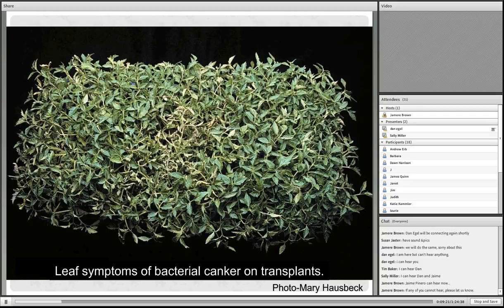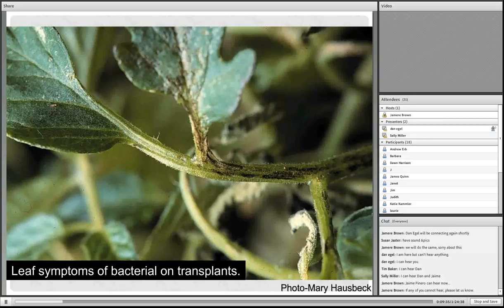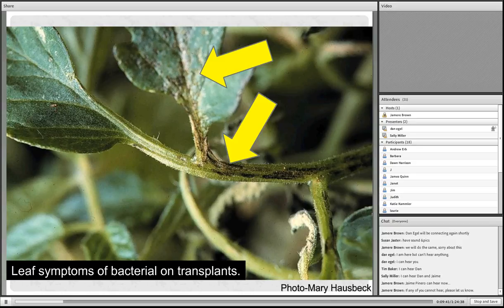It looks like it's ready to go out of the greenhouse and into the field, but a careful inspection will reveal something's wrong here. These symptoms would be very easy to miss coming in on transplants. But if you look closely, you can see the etching or lesions on the leaf and on the petiole of the leaf.